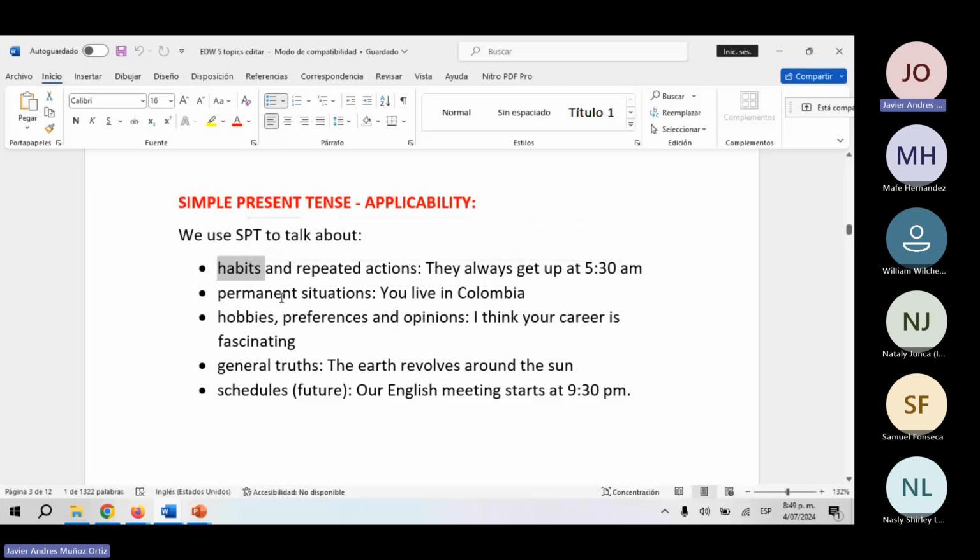So I always remember this situation with the story of Emmanuel Kant. I don't know why. A permanent situation is another reason why we use simple present tense. Something permanent is something that is going to be difficult to change. It can change, of course, but it's very complex, very difficult to modify. For example, something permanent is that we live in Colombia.